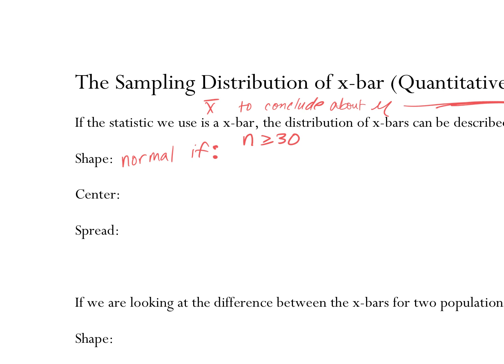The other way my sample means will be normal if I have a small sample size is if I'm sampling from a population that is normal.